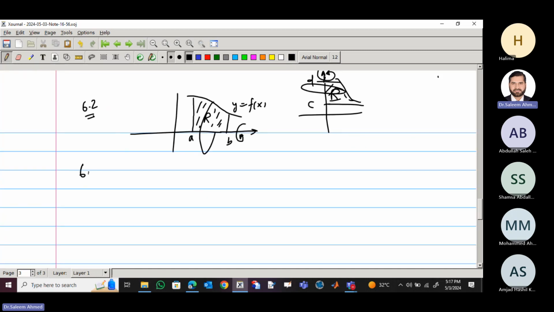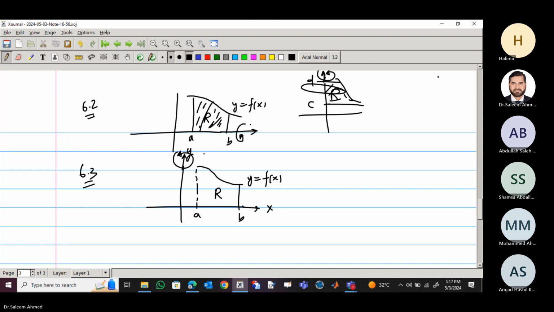In 6.3, they say that your region is still given along x-axis. Your region is given along x-axis from A to B, but they are rotating it about the opposite axis, about y-axis. This is a strange region here. The region with x, rotation with x. You see the same thing.